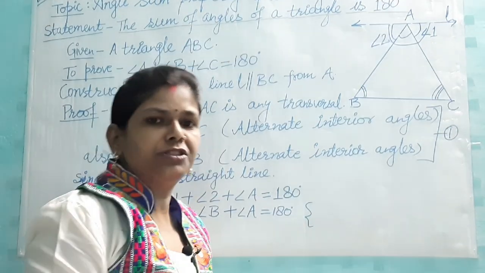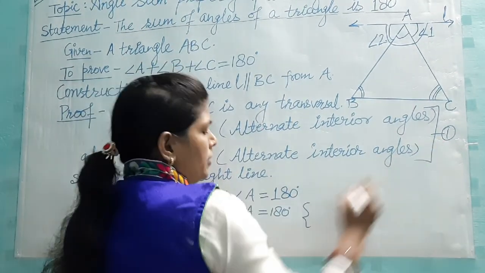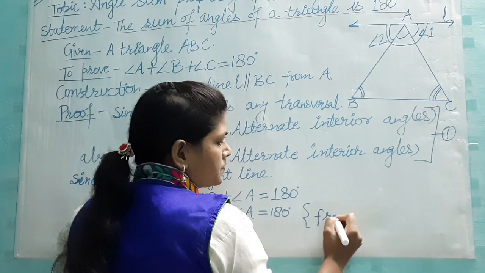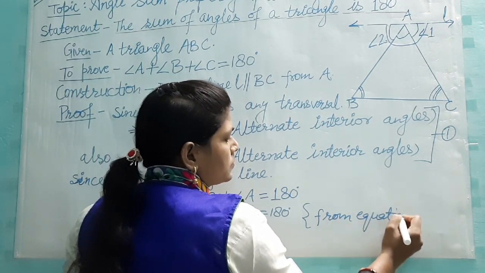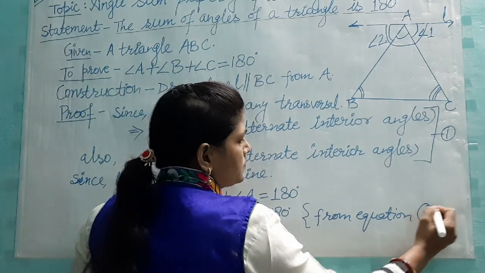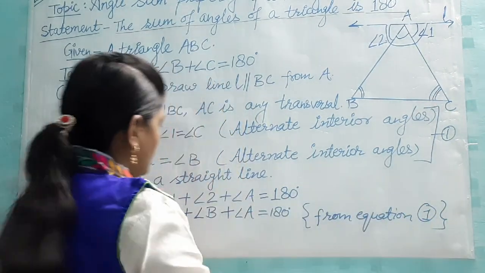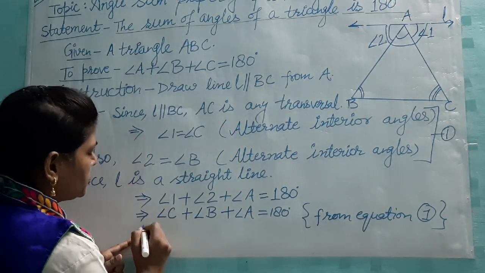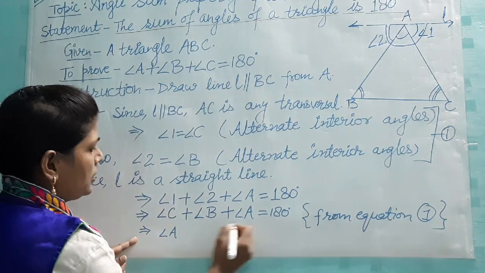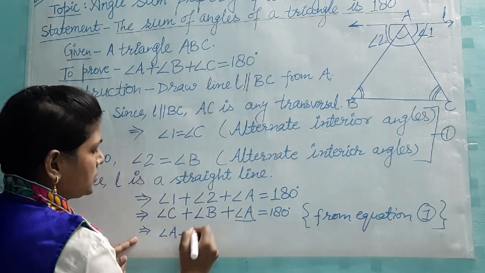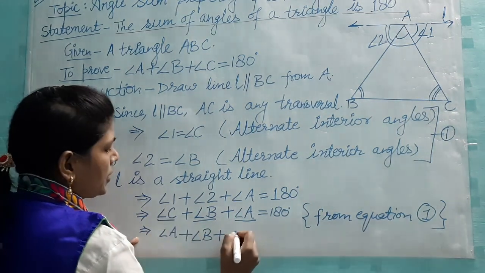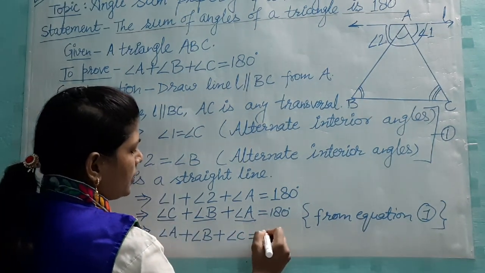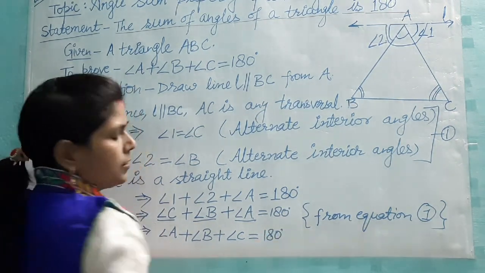Here we mention the reason: from equation 1. We rearrange it: angle A plus angle B plus angle C equals 180 degrees.